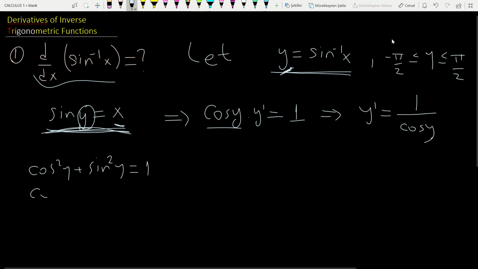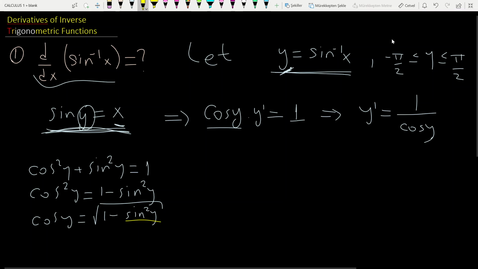This is why cosine square y is equal to 1 minus sine square y. And finally, cosine y is equal to square root of 1 minus sine square y. Okay? Do we know what sine y is? Yes, we know. Sine y is equal to x.